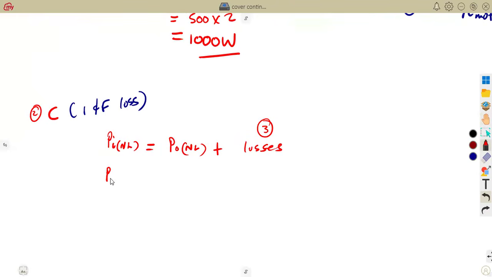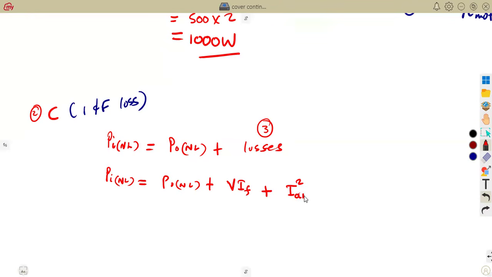Let us substitute so that we can be together here. Remember, this is your formula. So we are going to have our losses: the shunt field copper loss plus the armature copper loss, which is the armature current, at no load.